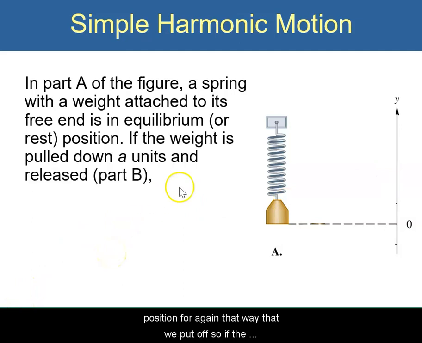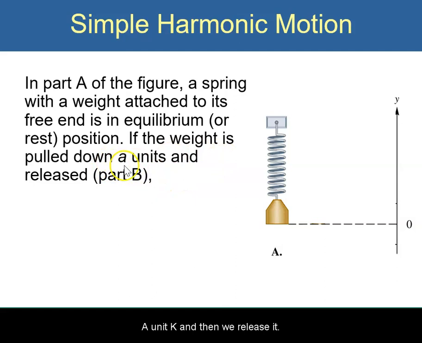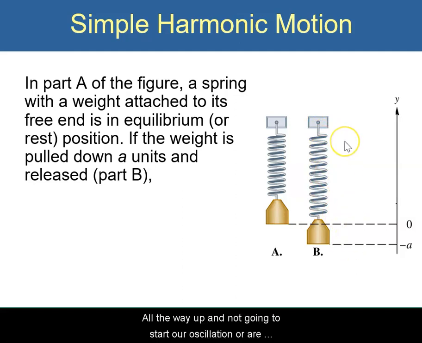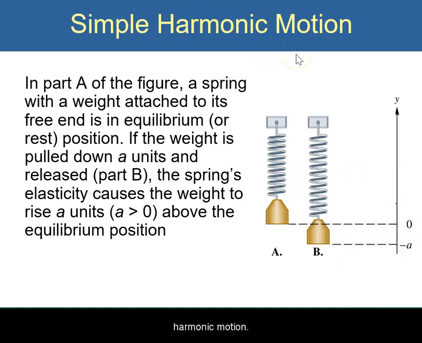Okay. So if the weight is pulled down A units, okay, and then we release it, right, for instance, what's going to happen is that the spring force, the tension of the spring, is going to pull the weight up. And that's going to start our oscillation or our harmonic motion, right?